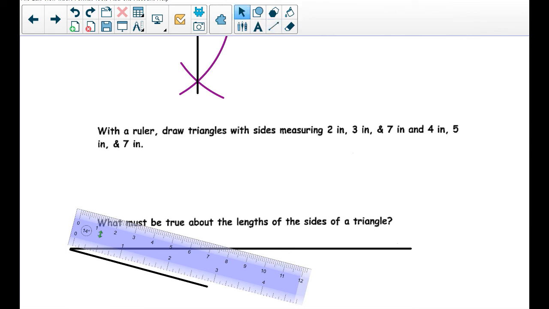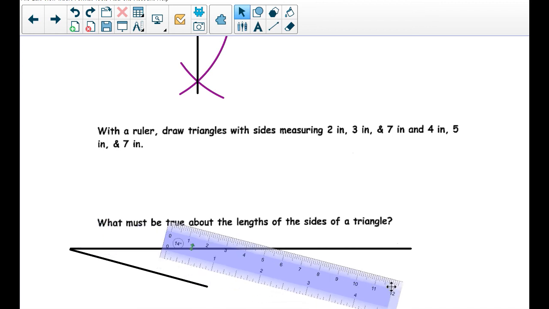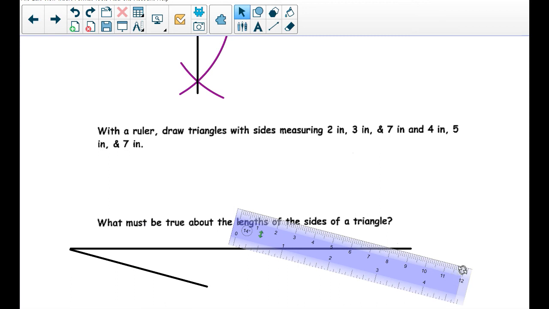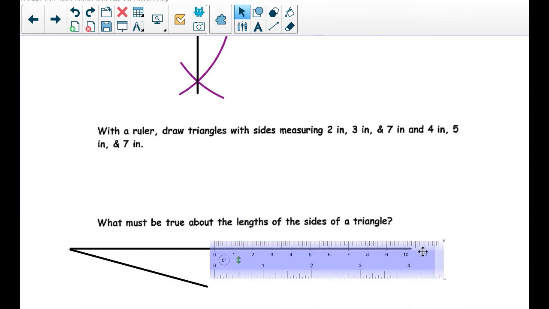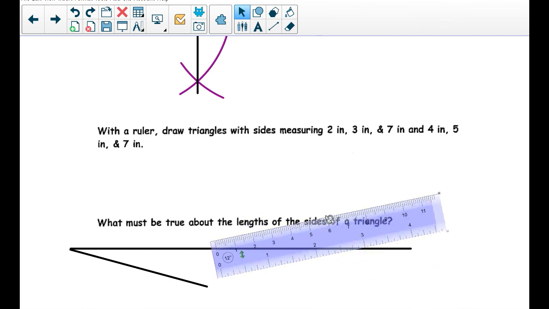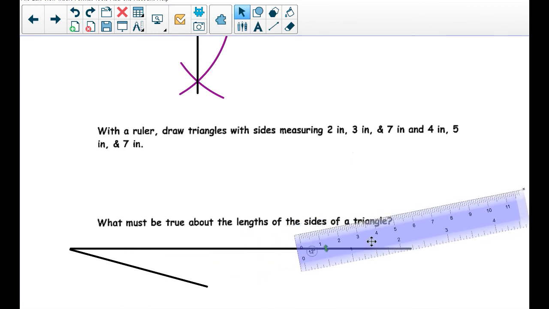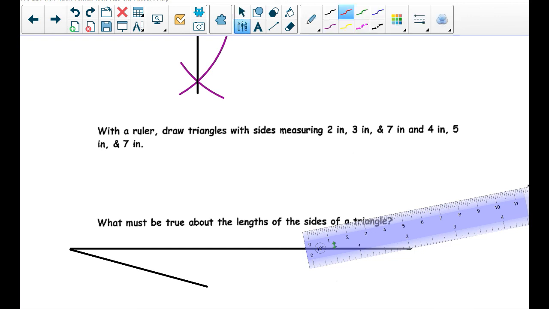And then if I flip this over, what do you notice though? Well, I'm making a triangle. If I go 2 inches, can I reach that other side? No.